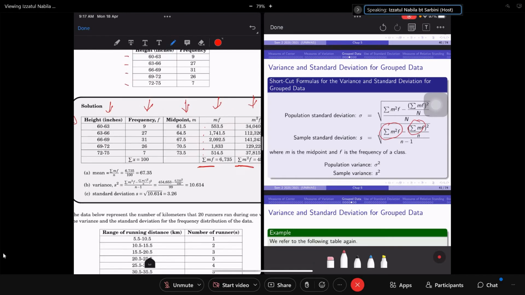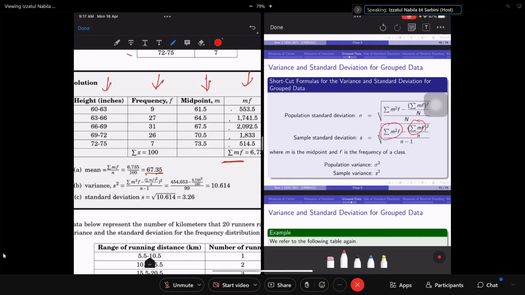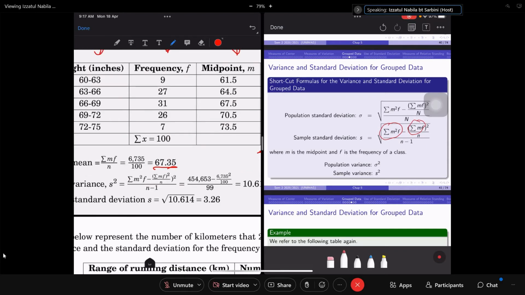So mean is summation of MF divided by N. N here is 100, the frequencies. So you just calculate and you get 67.35. As for variance, you just get the formula for variance for group data. It is the same as the one beside, which is the standard deviation, just with the square root, so you remove the square root for variance.